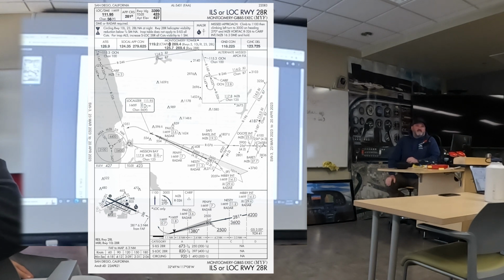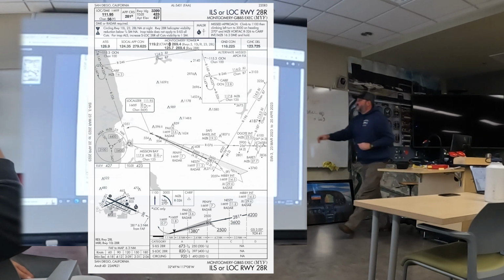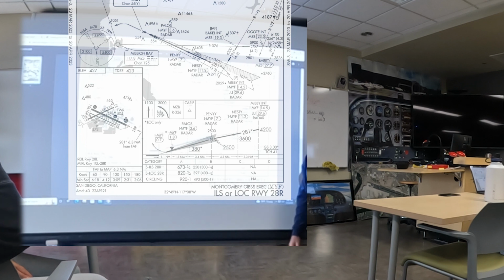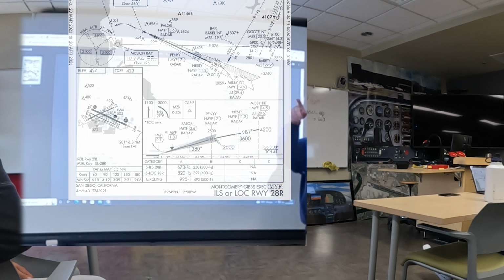If you have a GPS, you could put in IMYF and it'll give all your GPS values as listed here off of IMYF. Good? So on the VHF side, 111.95, DME comes off the localizer. No DME box, no DME dedicated radio: 111.95 for the left and right course, IMYF for GPS in lieu of. You can hit direct to IMYF on your GPS and it'll give you that information.